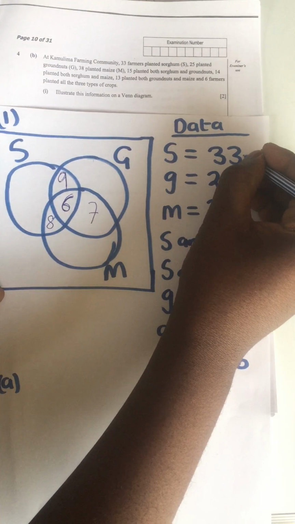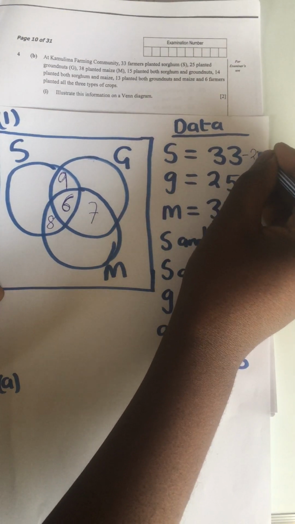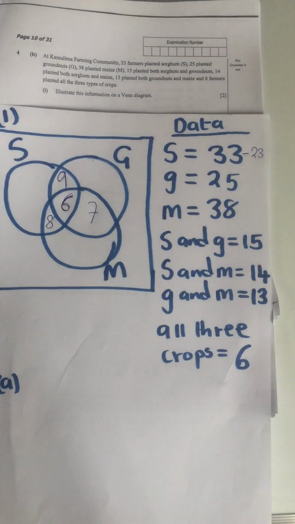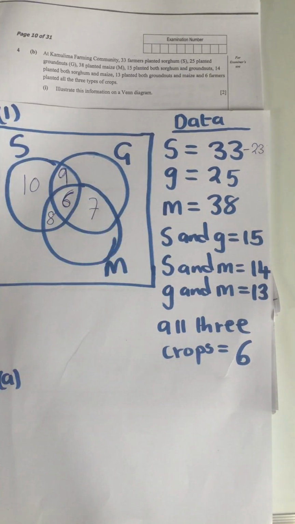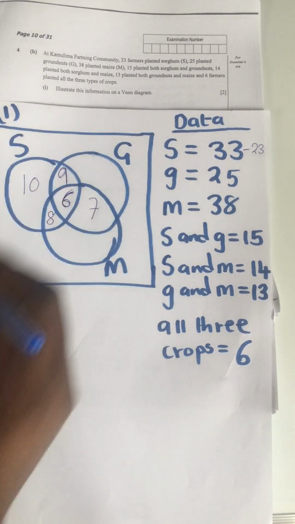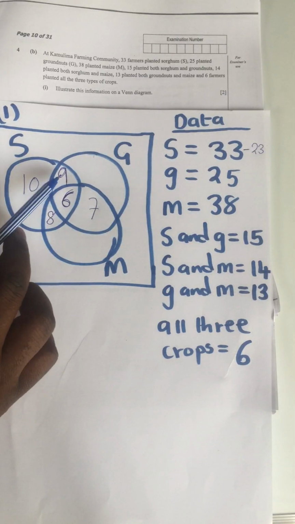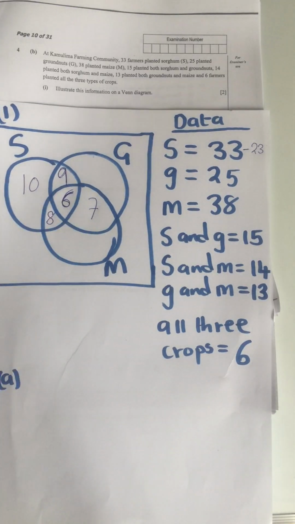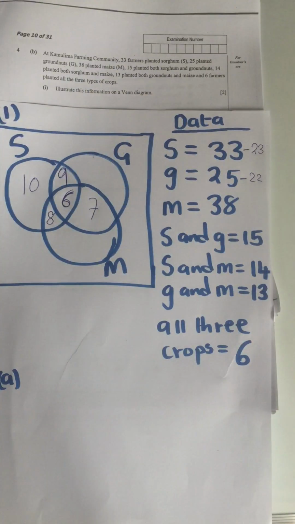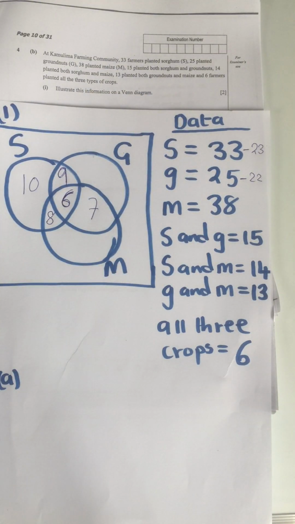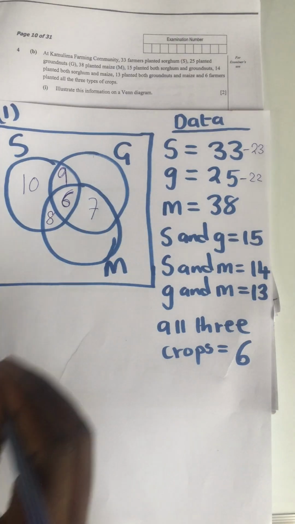So you say minus 23. So what is 33 minus 23? It's 10. So you put 10 there. You come this side to groundnuts. Groundnuts, you add 9 plus 6 plus 7. So 9 plus 6 plus 7, you get 22. So you say minus 22. What is your answer? 25 minus 22, it's 3.